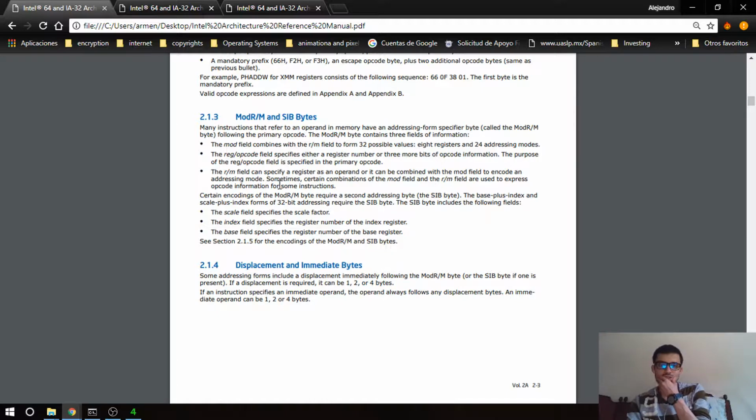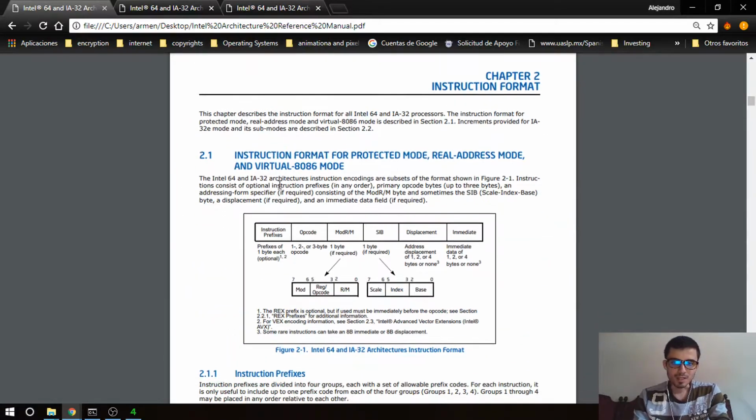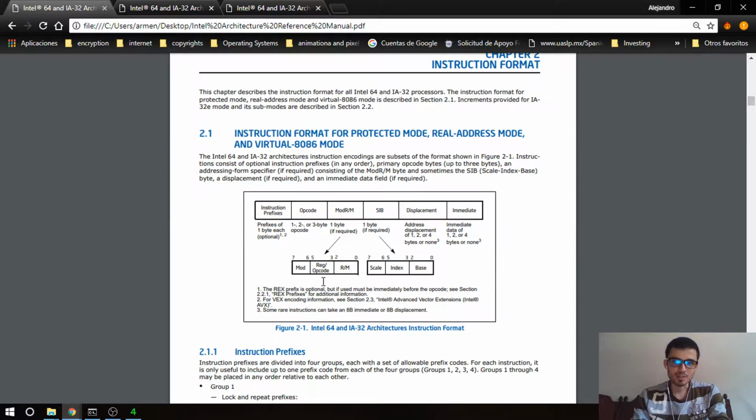Okay, I got you. Yeah, because if you remember the ModRM, we have 3 and 3. Oh no, sorry, 2. 3 and 2, they are 5. 2 to the 5 is 32.